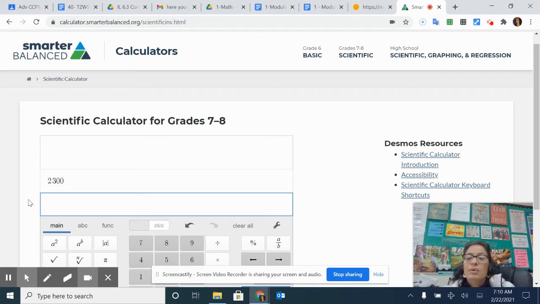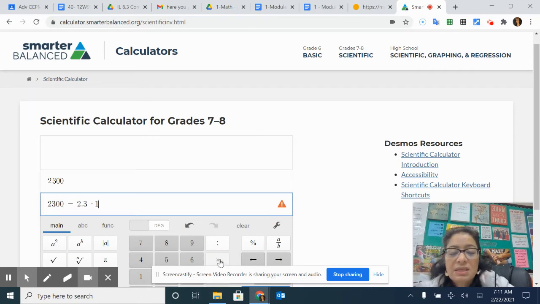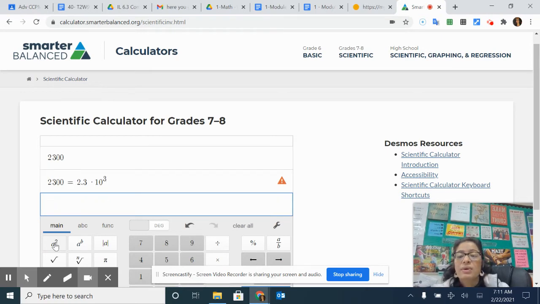Now, 2,300 equals, if I write it in scientific notation, it'll be 2.3 times 10 to the power, we learned it yesterday. After the 2, there's 3 digits, so I'm going to put to the power of 3. And then I'm going to enter that, okay?